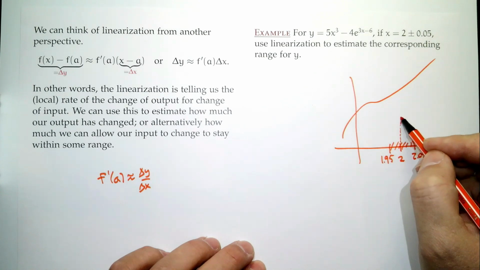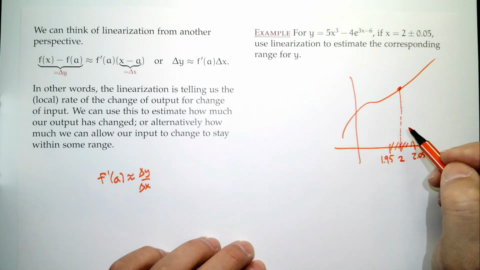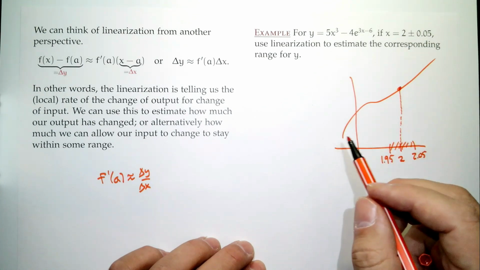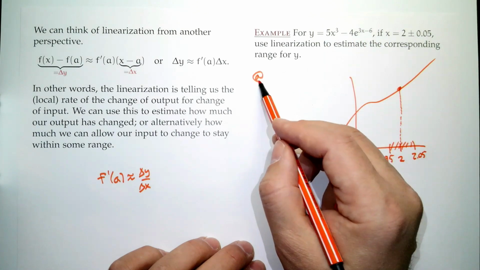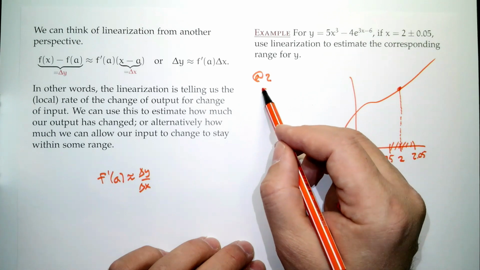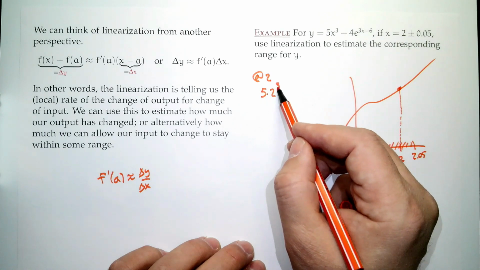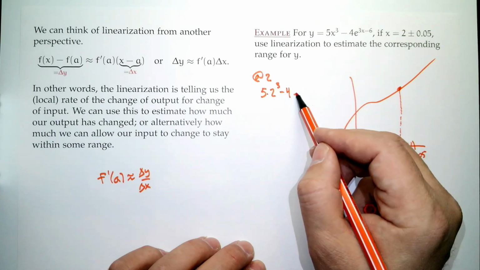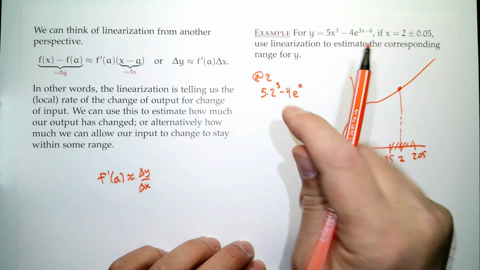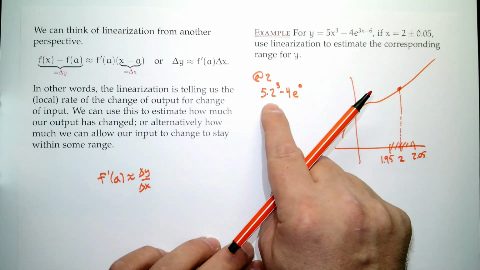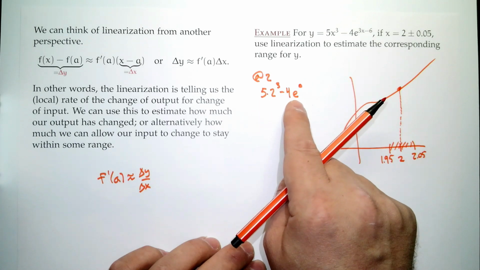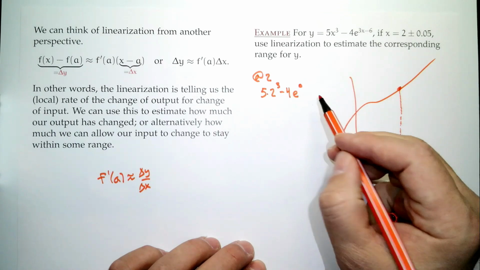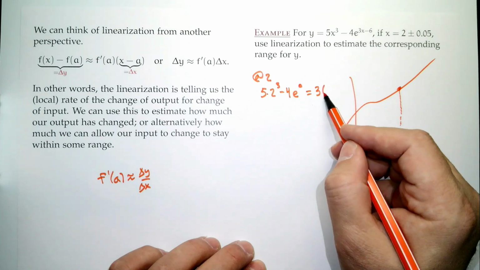Now if I were exactly 2, what would happen? Well, if I was exactly 2, I would just plug 2 in. So at 2, what do we get? 5 times 2 cubed minus 4e to the 0. 2 cubed is 8, times 5 is 40, subtract 4 times 1 gives 36.